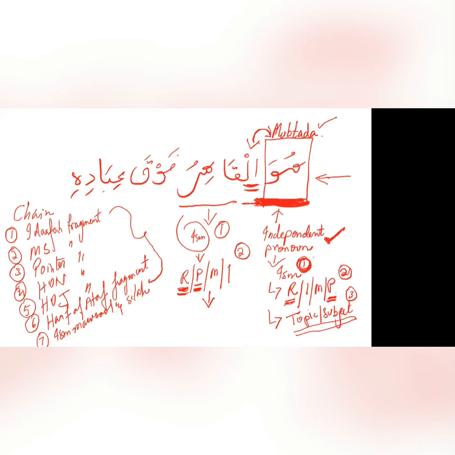Why that is, will be clear when we do it in detail. So for now, Munada and Harf-e Nida cannot be part of the Mubtada. And because they always come in the beginning of the sentence, they cannot be part of the Khabar as well. So we do not consider them for now as part of the sentence.